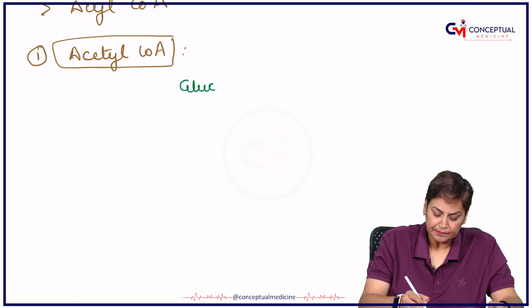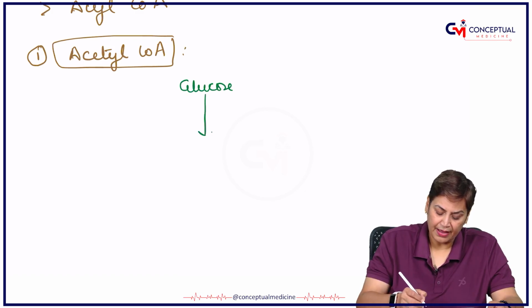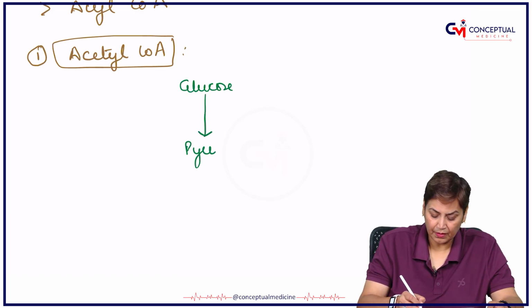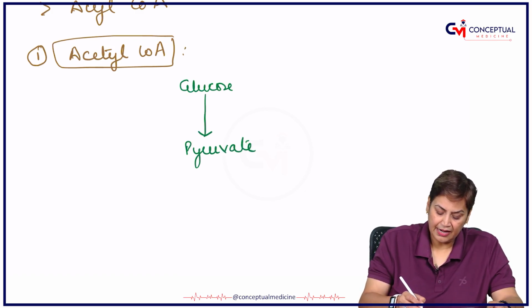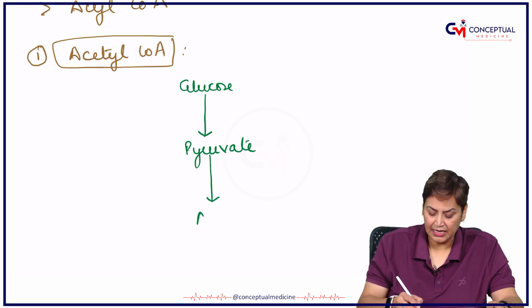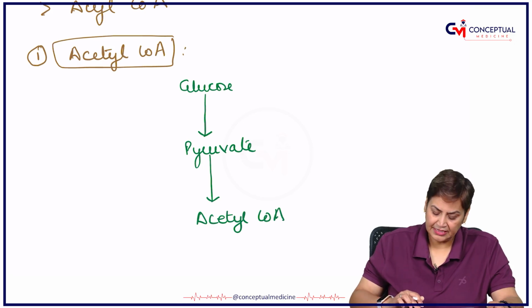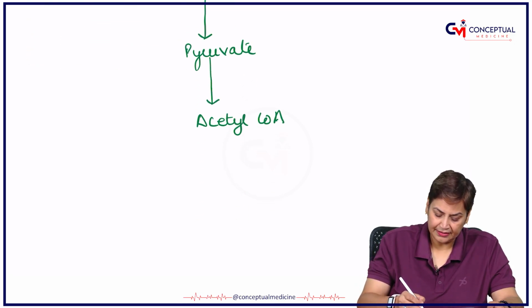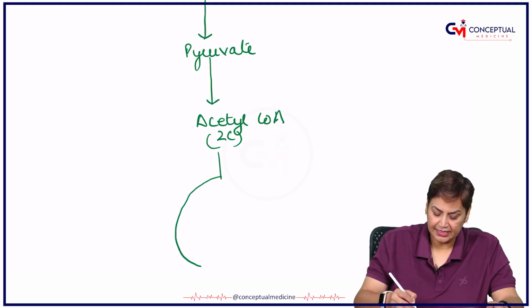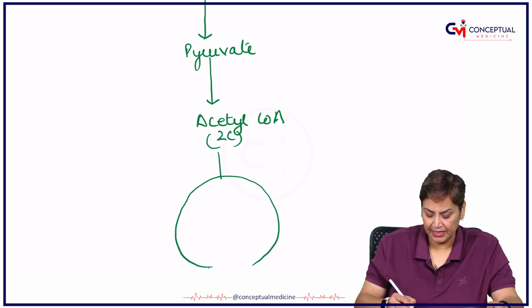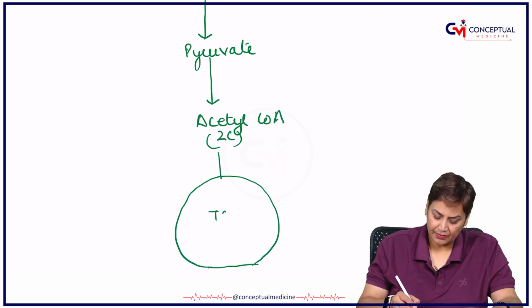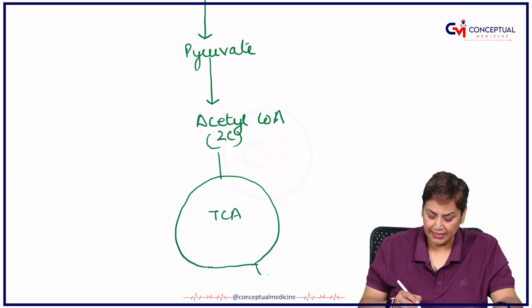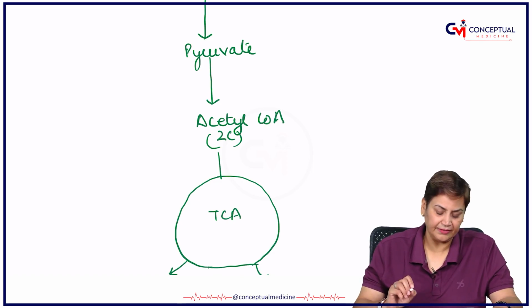Glucose forms pyruvate, and pyruvate forms acetyl-CoA. This acetyl coenzyme A has 2 carbon atoms, and via the TCA cycle it will first be degraded, giving out 1 carbon dioxide here and 1 carbon dioxide here.